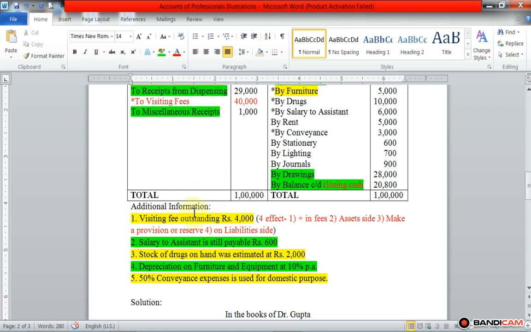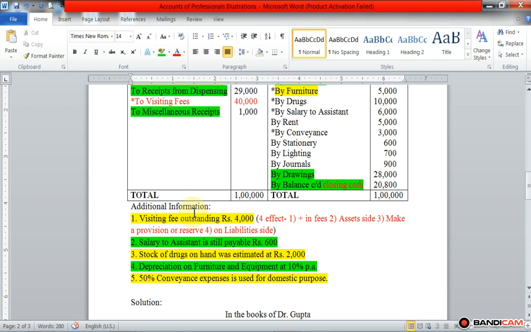So remember one thing, if income is outstanding, then we have to give four effects of that income. First effect, add in respective income. Then second effect, it is an asset. It is a current asset because we receive that income in future. Sorry, not prepaid, it is income received in future. So it is transferred on the balance sheet asset side, got it. Then third effect, make a reserve or provision of that income, made on the expenditure side.